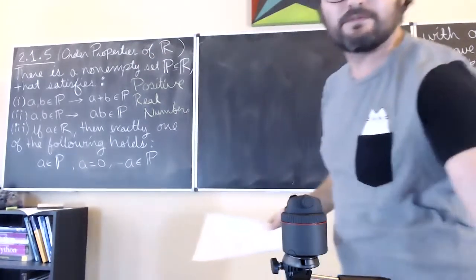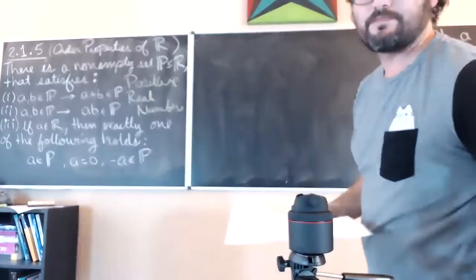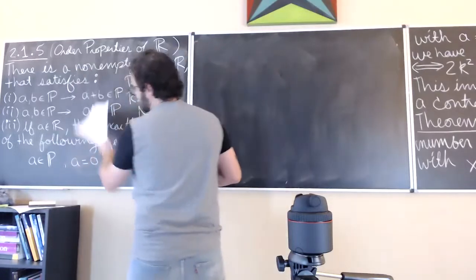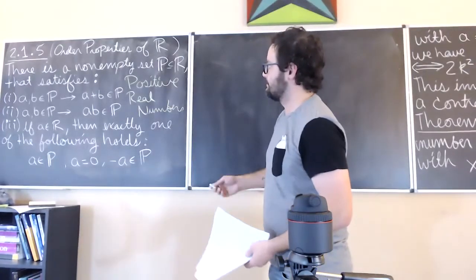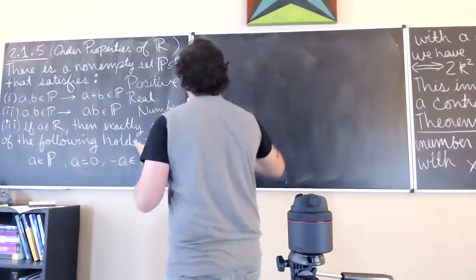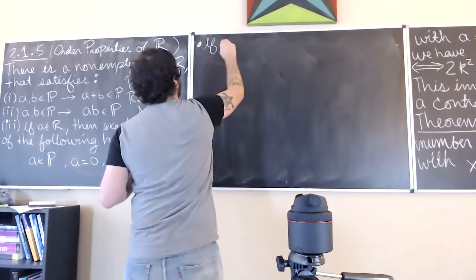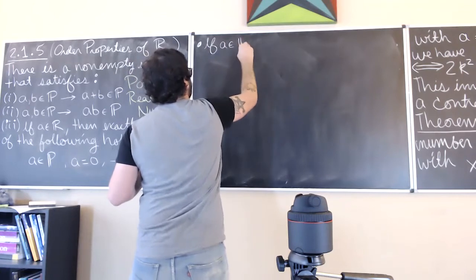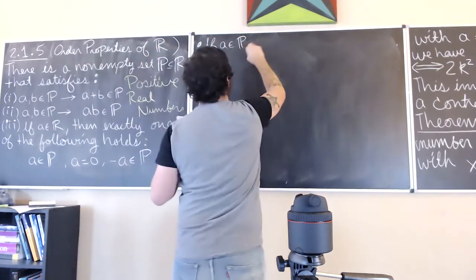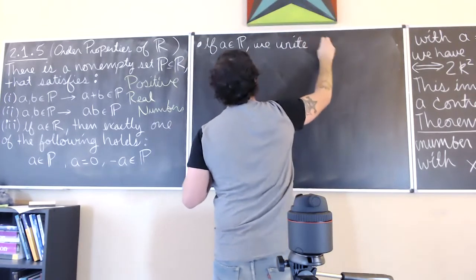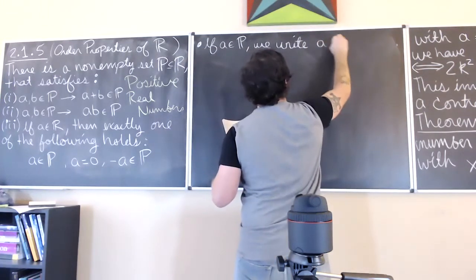Okay, so hopefully you can see that. All right. So with this definition of P, the positive real numbers, we're going to make a few notes. If A is a positive real number, we write A greater than 0.